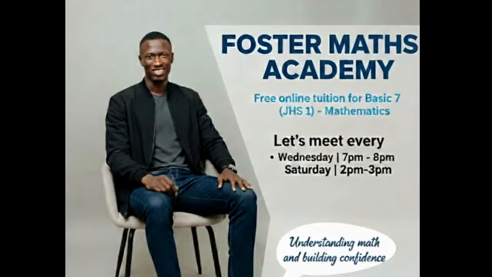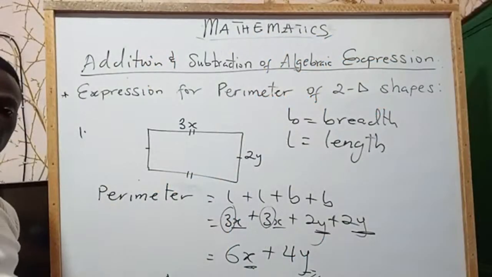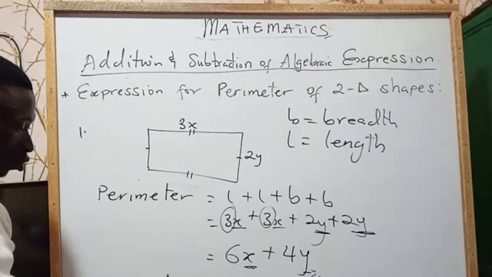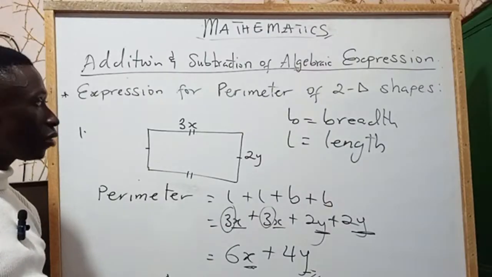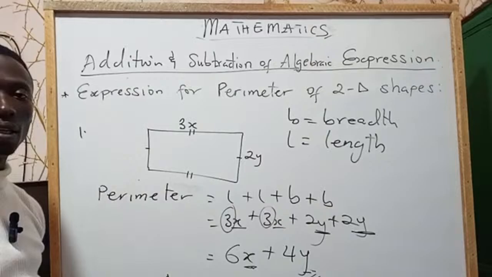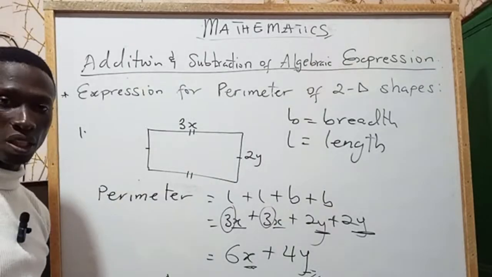So activity two, I want to take it again. We have a triangle here, and we were asked to find the perimeter of this object.